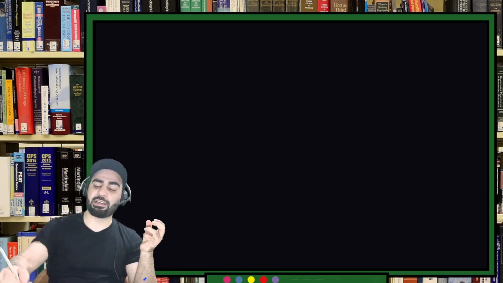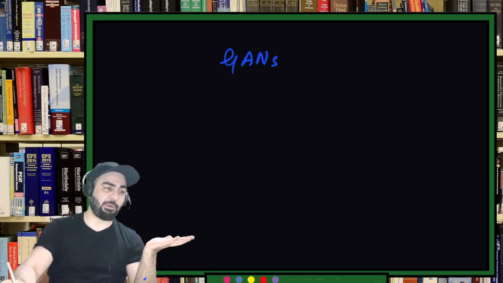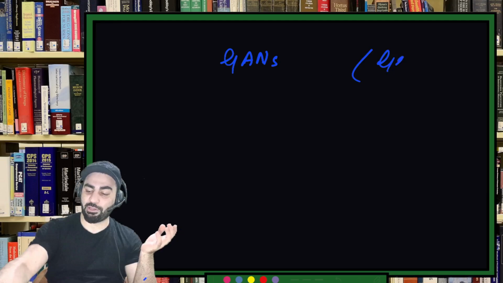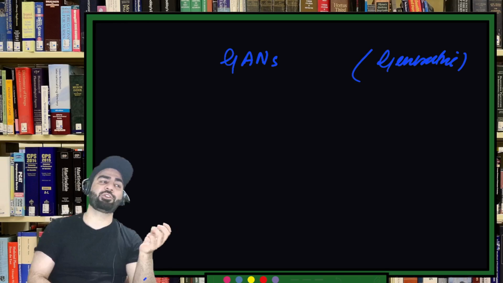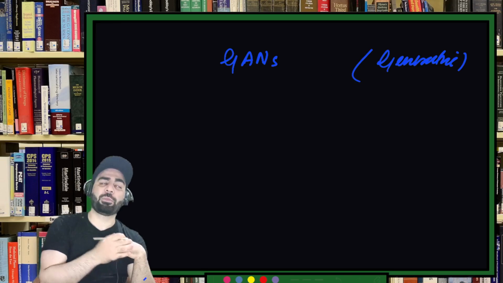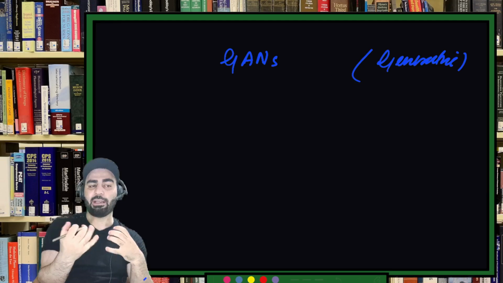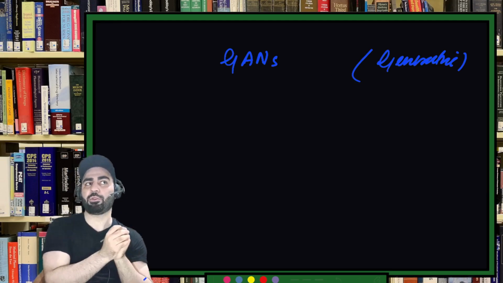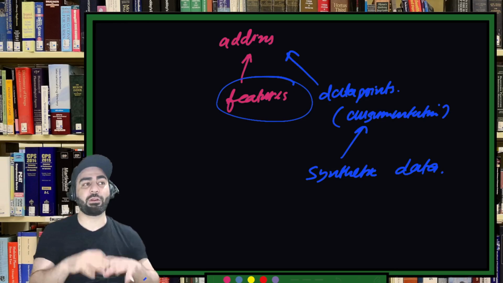You might have heard about GANs, generative adversarial networks, and now everything which has generative in it synthesizes data basically. So if you want to augment your data and add more data so that your machine learning or deep learning algorithm performs better, because the assumption is that the more data you give it, the closer it comes to the actual predictions. So one thing is you want to add features. Why? Because you want a variety of samples.